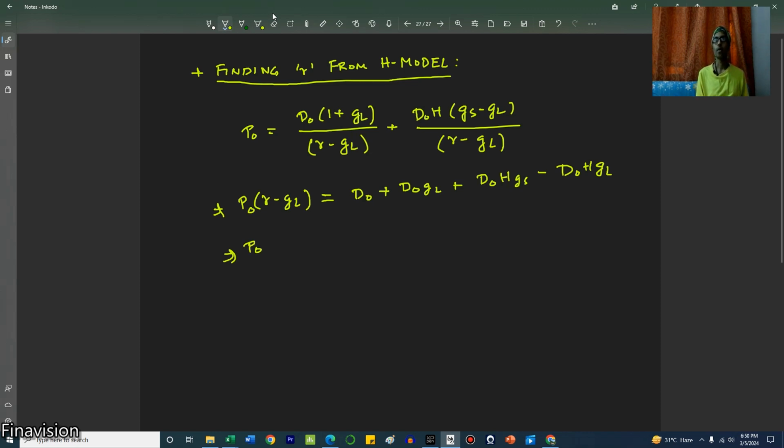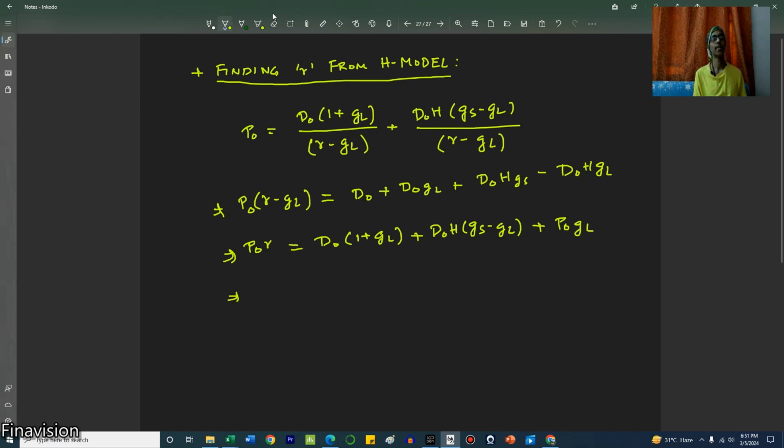P0 into R is equal to D0 into 1 plus GL plus D0 H into GS minus GL plus P0 into GL. The expression which was on the left side, we brought it on the right side.